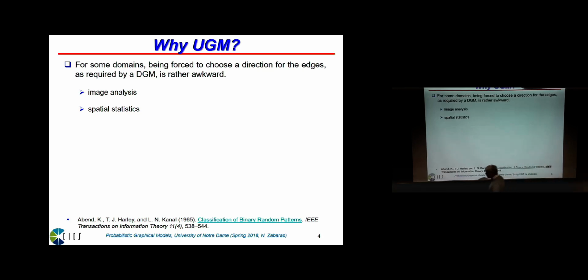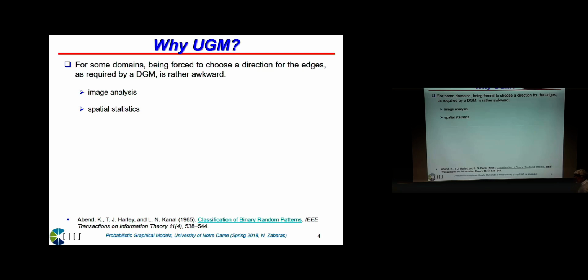So why do we need to understand undirected graphical models? The easiest example: think that the nodes, the random variables in your graph, are, let's say, the pixel values in an image. It doesn't make sense to actually put directions. What do directions mean in an image, right? That this pixel is the parent of that pixel, and that is the child of that pixel?